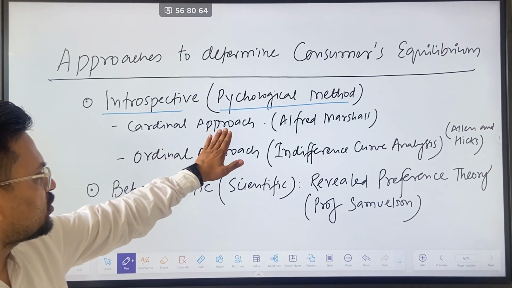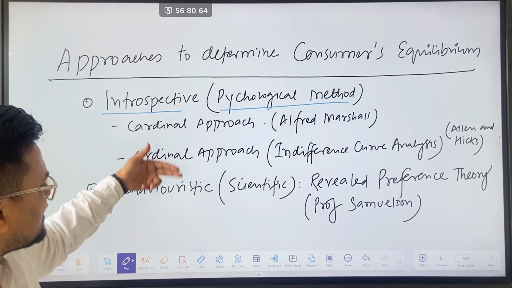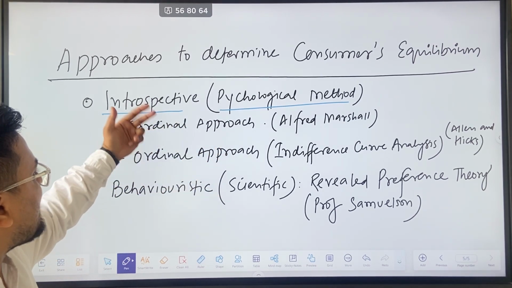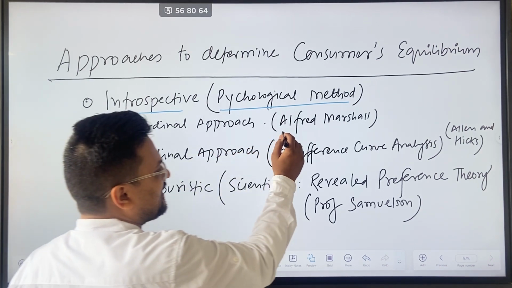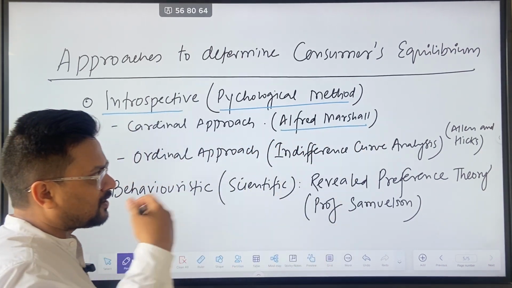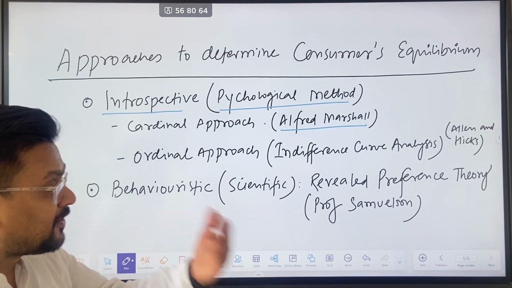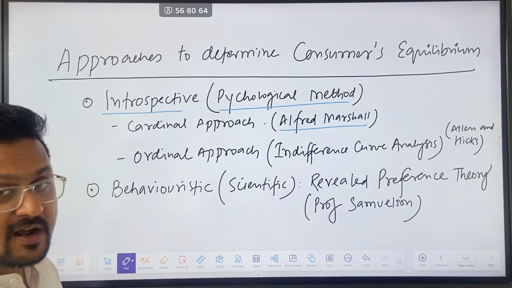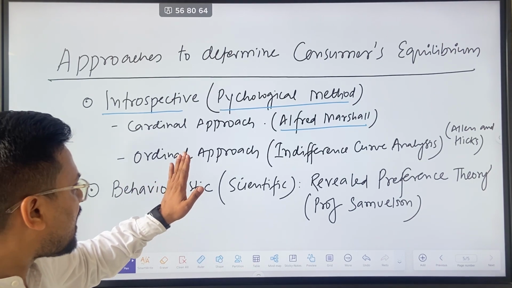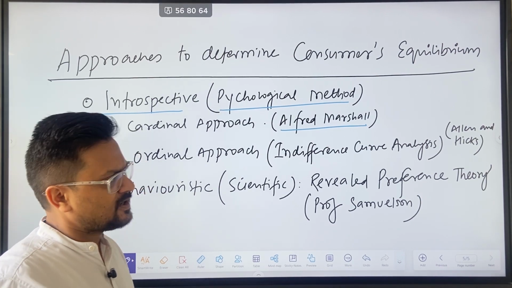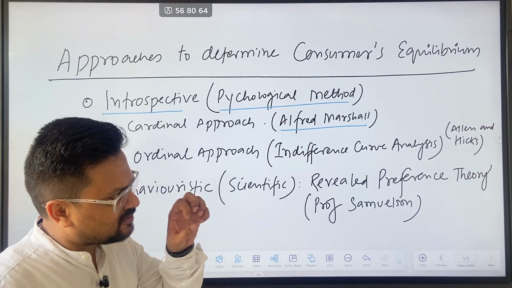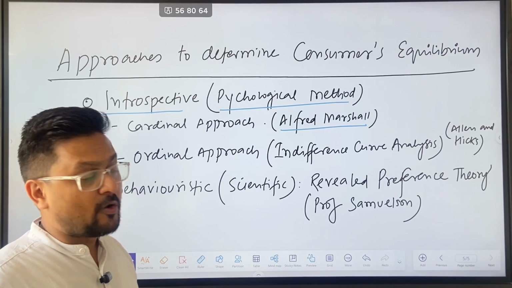Cardinal approach and ordinal approach are the two approaches under the introspective method. The cardinal approach was mainly brought into picture, or founded, by Professor Alfred Marshall, whereas the ordinal approach, also known as indifference curve analysis, was highlighted and founded by Allen and Hicks.